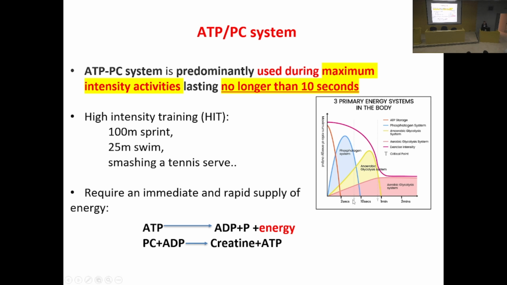It doesn't last more than 10 seconds. This is for activities like a 100-meter sprint, a 25-meter swim, or smashing a tennis serve. It needs quick and available energy, very quickly. So this is the ATP and the phosphagen system.